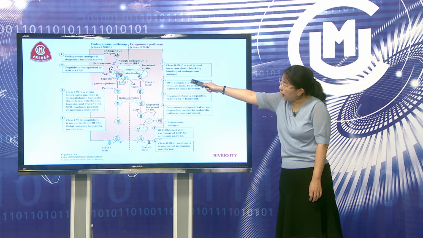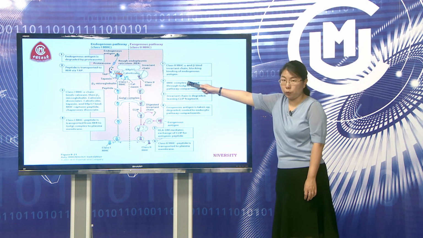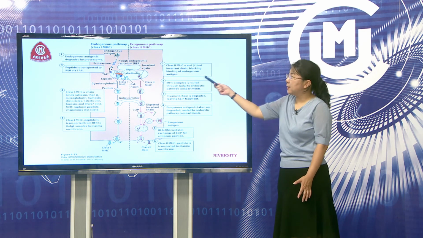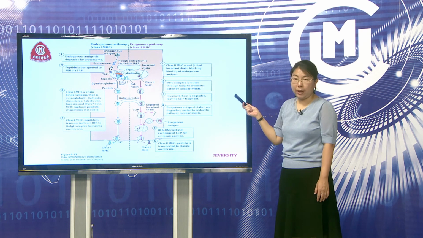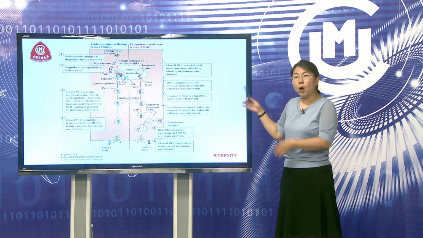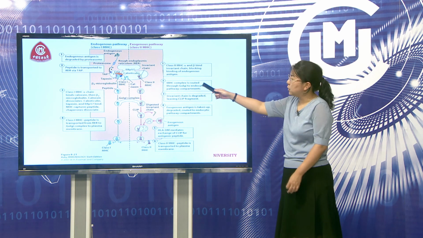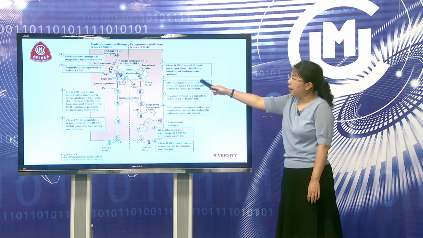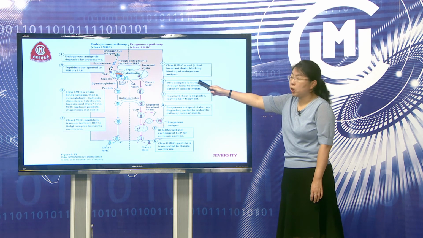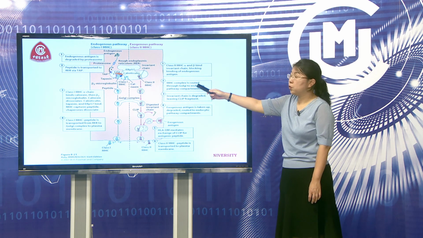But the endogenous antigen cannot bind with class 2 molecule. You see the class 2 molecule also exists in the endoplasmic reticulum, right? But the invariant chain occupies the place on the class 2 molecule. So the peptide from endogenous antigen in the endoplasmic reticulum cannot bind with class 2 molecule.